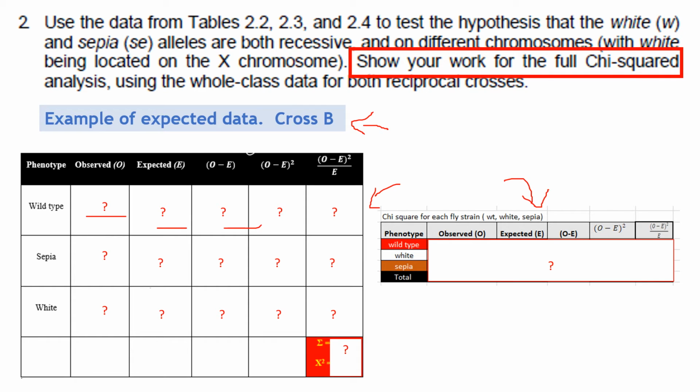You don't have to hand in an Excel file. I just want you to have it there in case you have doubt with your calculations. So remember, if you have doubt with cross B, I already created an example there. I'm not going to record it. You can view the results if you have any doubt.